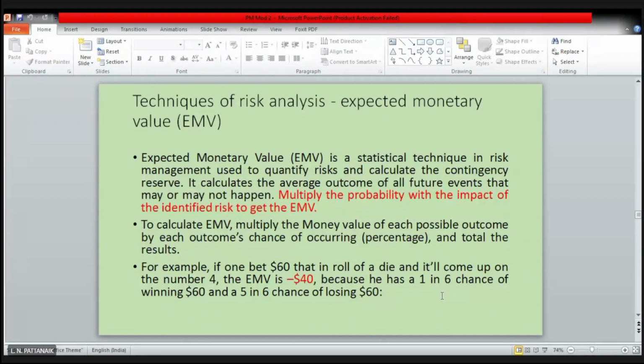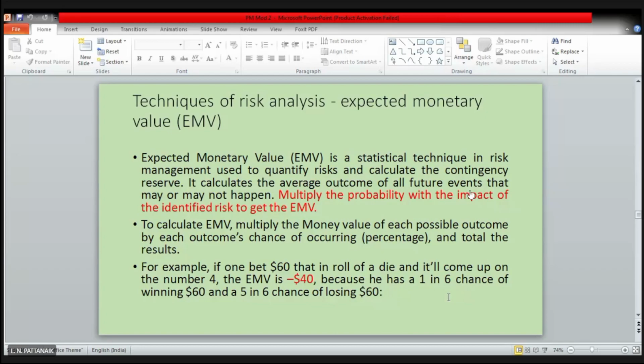Suppose you have some alternatives, but before selecting that option, one has to see what the monetary value is if this option is taken, because ultimately it is the capital that you are going to invest or the profit or returns that you are going to get. That is why it is under the quantitative approach.